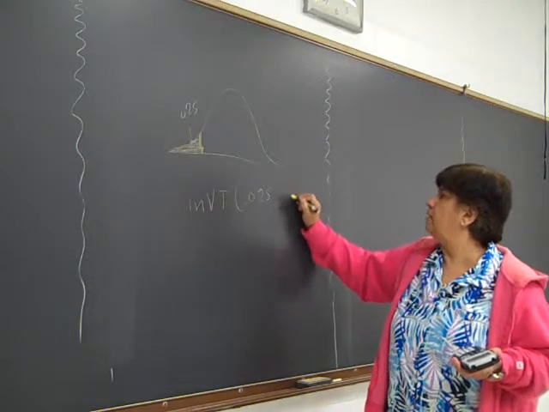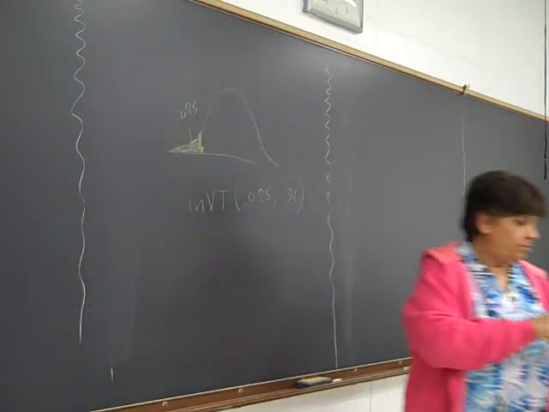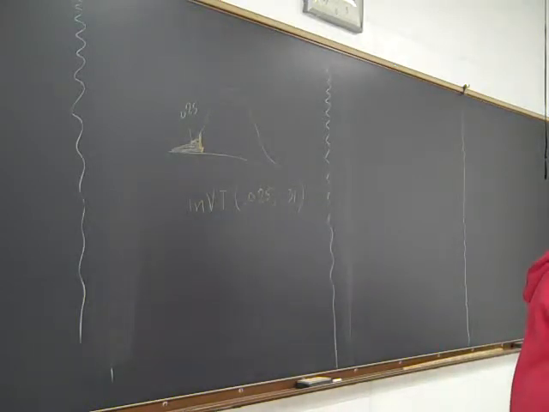So 0.025, comma, 31. Enter. And it's going to give you negative 2.0395, which is 2.040 in your table.